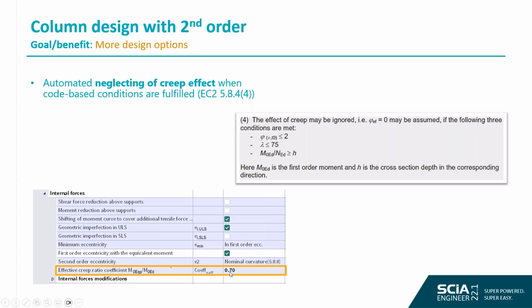So despite the fact that you will input, for instance, here 0.7, if those conditions are fulfilled, then the effective creep is completely neglected. Of course, you can always neglect the creep, just put this coefficient as 0.